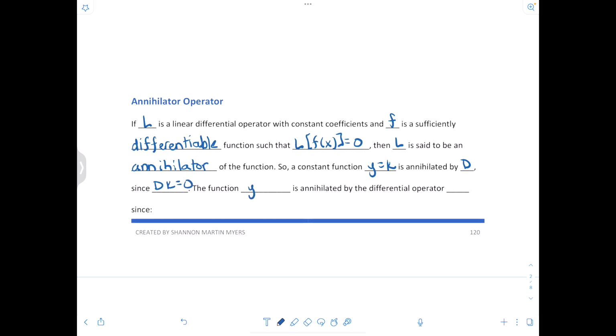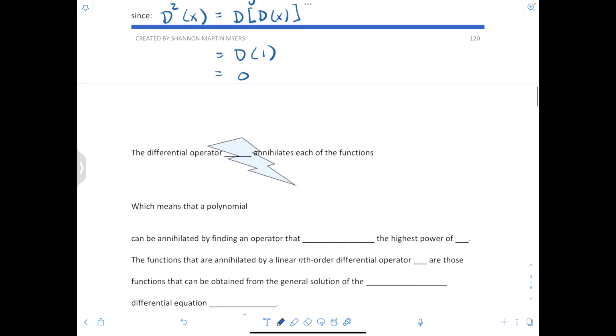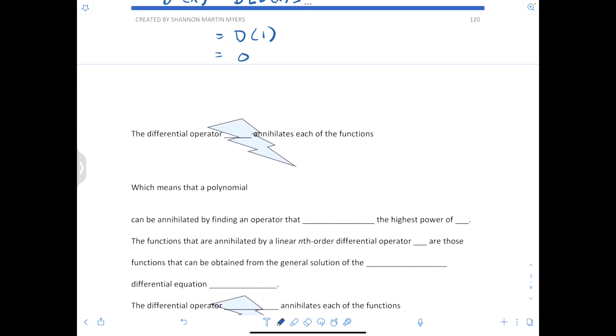The function y equals x is annihilated by the differential operator second derivative, since the second derivative is the derivative of the first derivative of x, which would be the derivative of 1, which would be 0. Groovy?